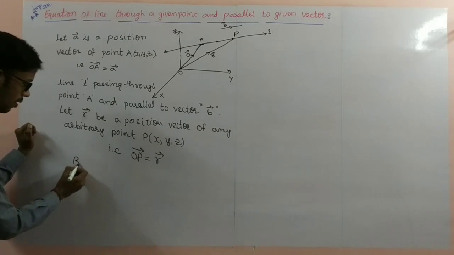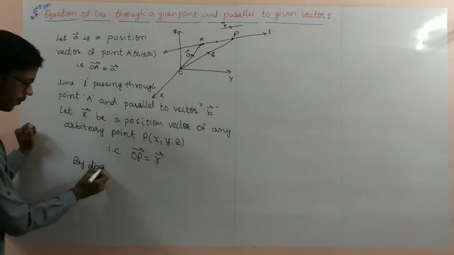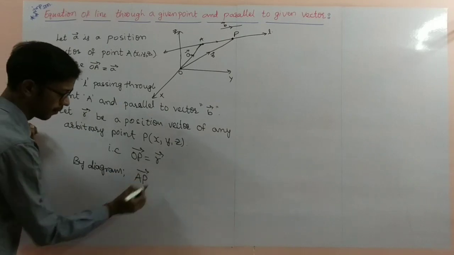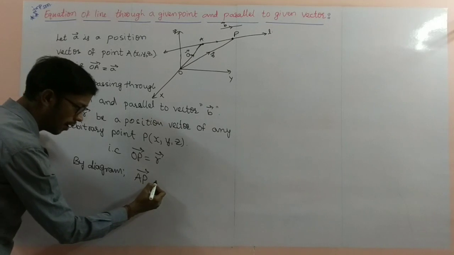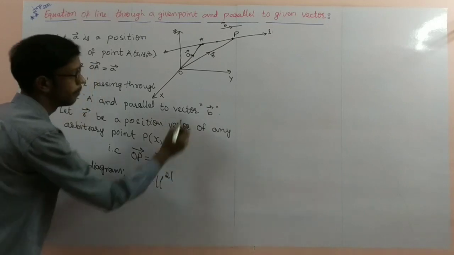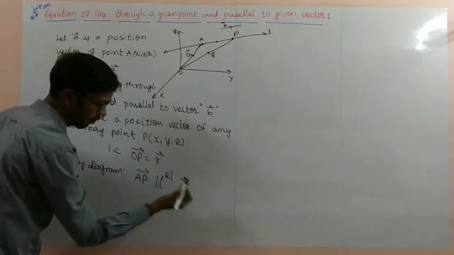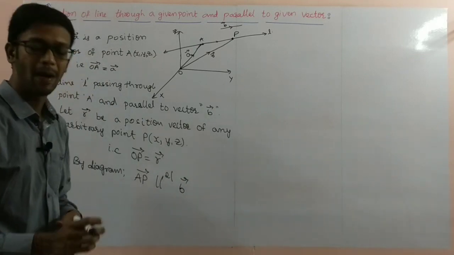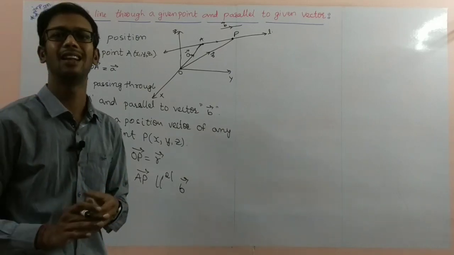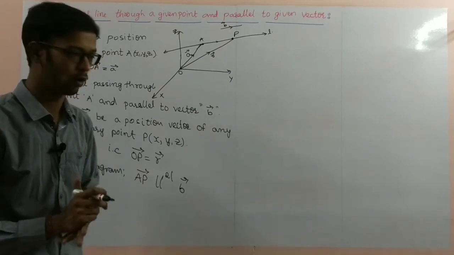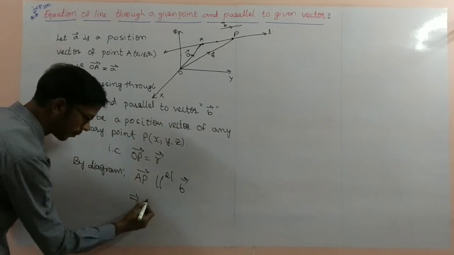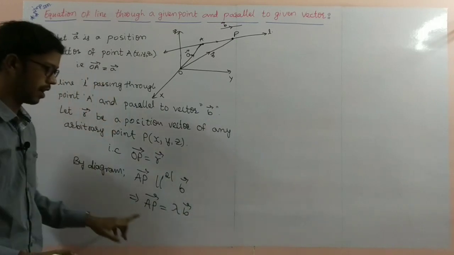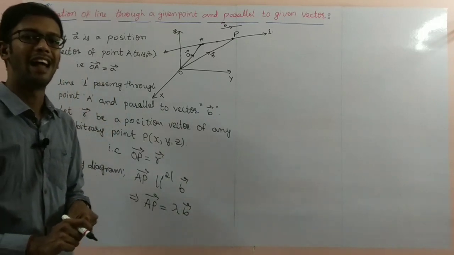By the diagram, AP bar vector is parallel to B bar vector. In vectors, parallel and collinear are both the same. That implies AP bar equals lambda B bar.